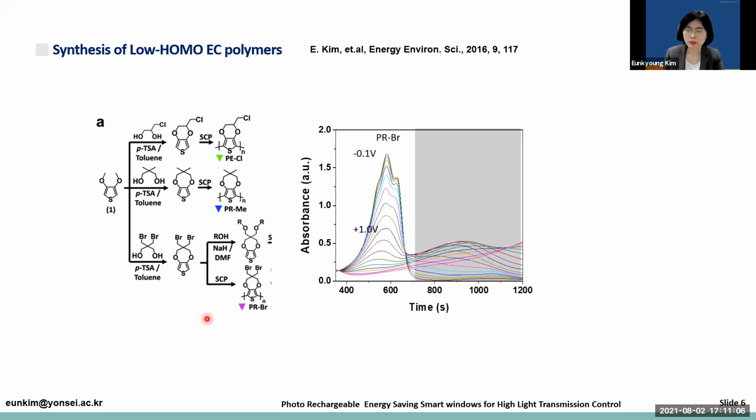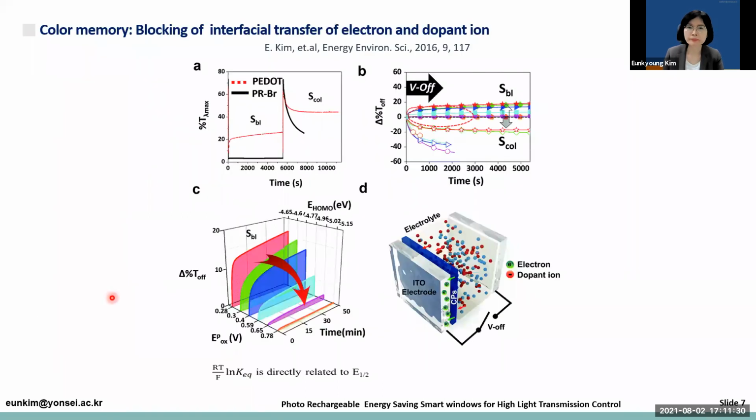Among those, this product series with bromide substitution gives high coloration when it is neutral, and when it is oxidized, it gives almost no absorbance at this visible range, giving high color contrast. So it is quite often used in our system.